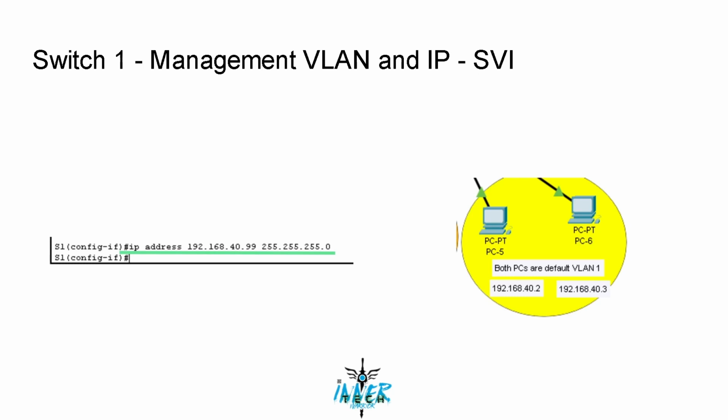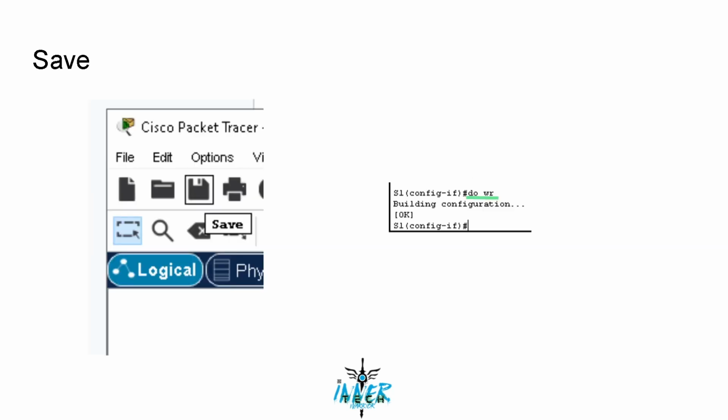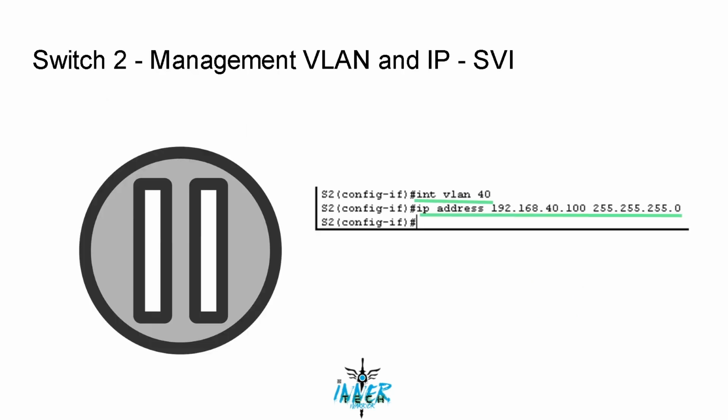Luckily, management has already given us which IP to use for switch 1's SVI. IP address 192.168.40.99, subnet mask of 255.255.255.0. Now let's save the configuration and update your notes. Then, pause here, jump into switch 2.